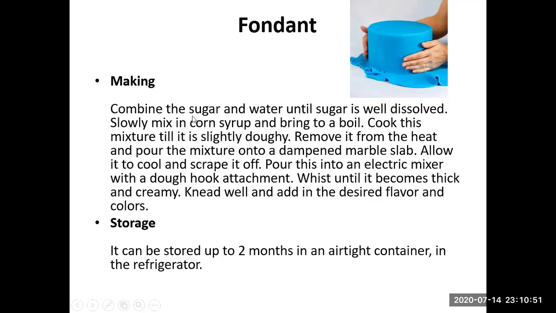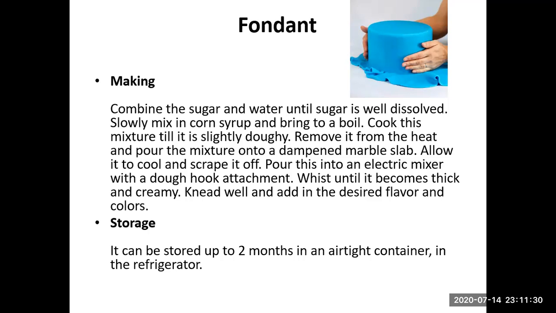Whenever it is cool, you will just scrape it, and after that you have to pour this into an electric mixer with a dough hook attachment. That means this attachment is not like the beater. It will be the hook attachment, which is mainly used for preparing dough. After mixing with the electric mixer, it will be more thick and creamy, and then you knead it well, adding the desired flavor.